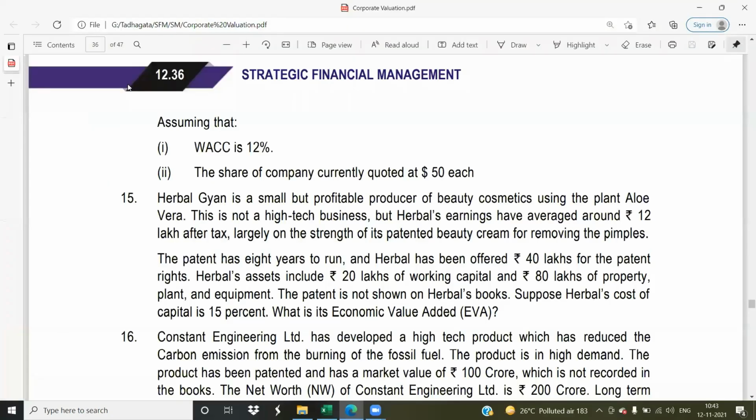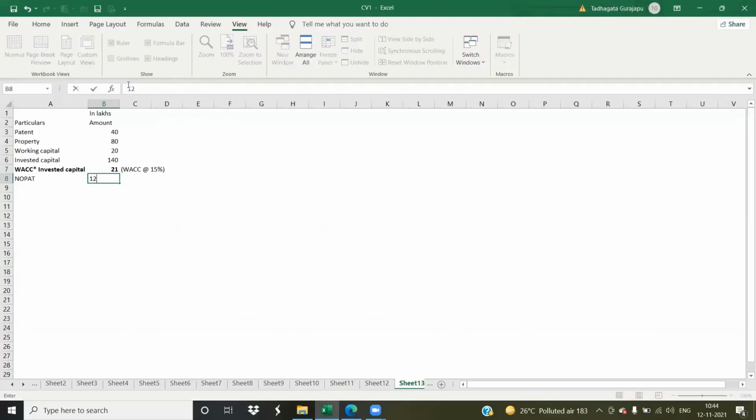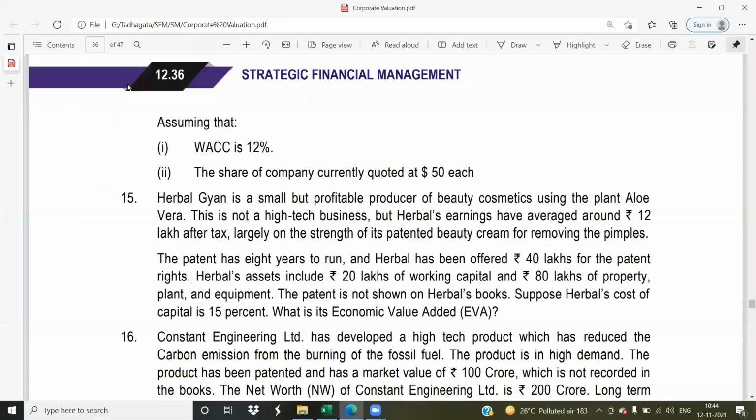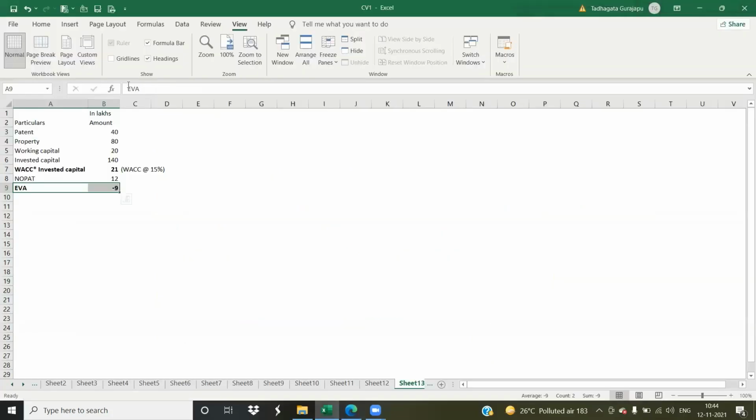How much is it? 12 lakhs, right? So what is EVA? NOPAT minus WACC into invested capital. So this is EVA. Done. So problem number 15 is done.